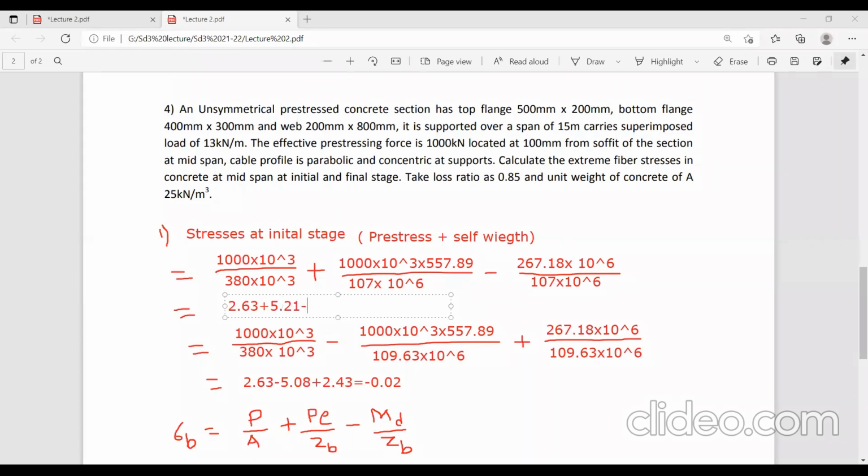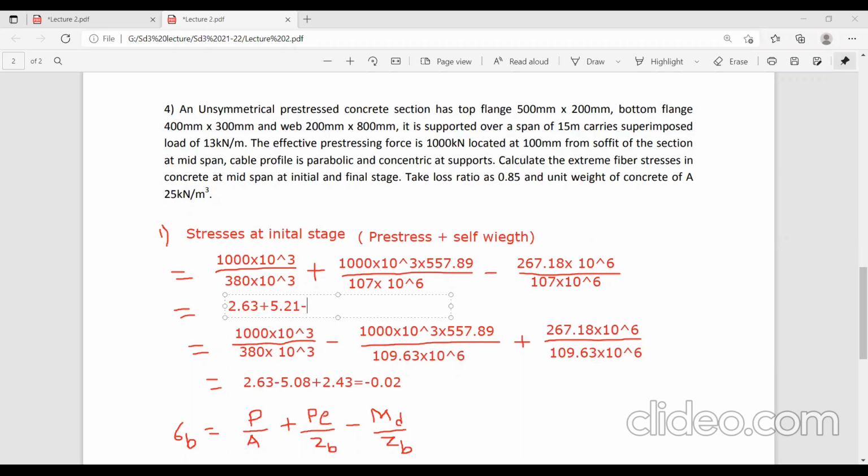Next minus 267.18 into 10 raised to 6 divided by 107 into 10 raised to the power 6.